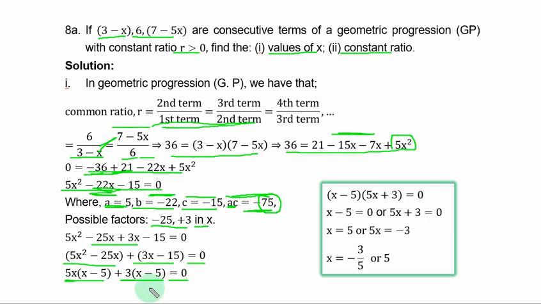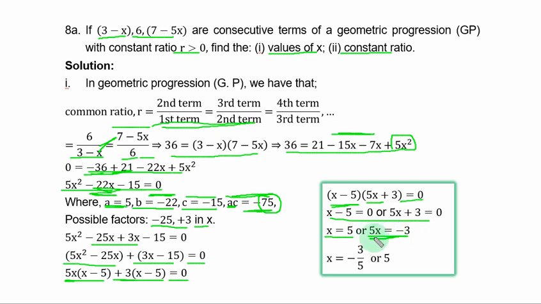Clearly, s minus 5 is common. If you factor out s minus 5, you are left with 5s plus 3 that we combine to form the other bracket, and you equate to 0. You equate each factor to 0 in this form. If you transfer the respective constant terms, you have s equal to 5 or 5s equal to minus 3.